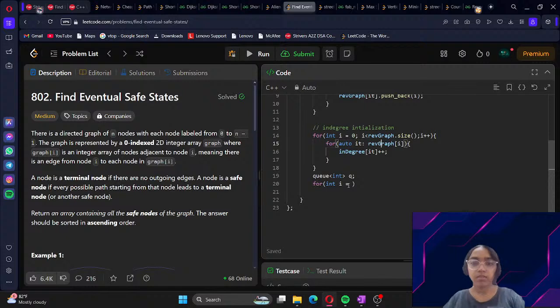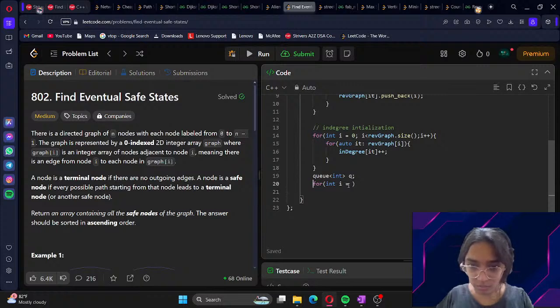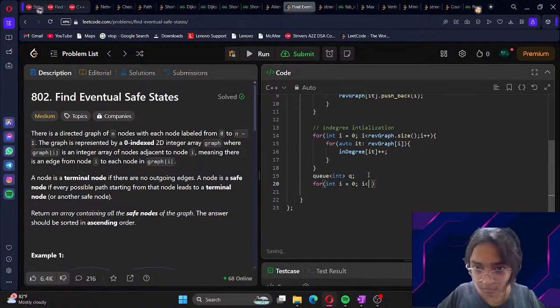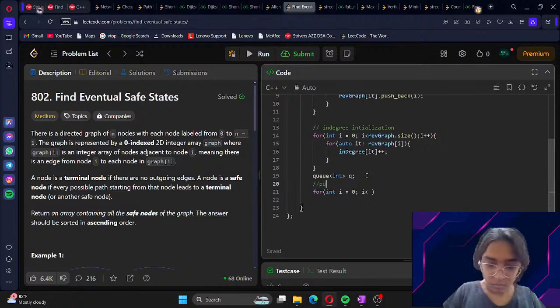So now after inserting, what we're going to do is push all the nodes whose in-degree is 0.